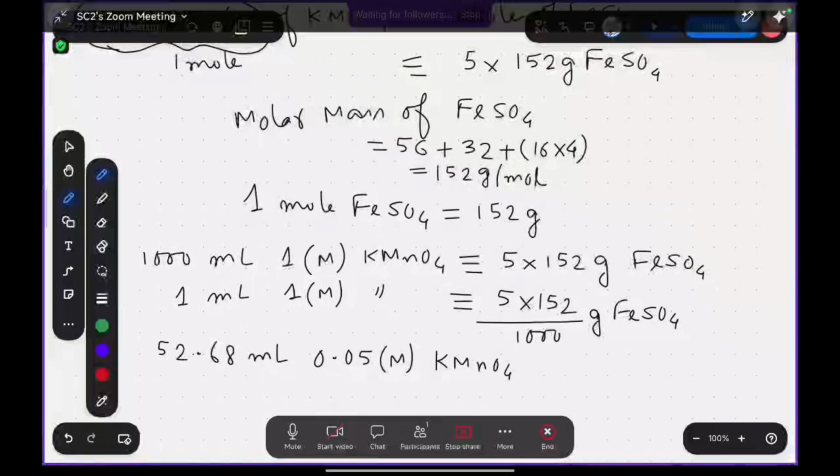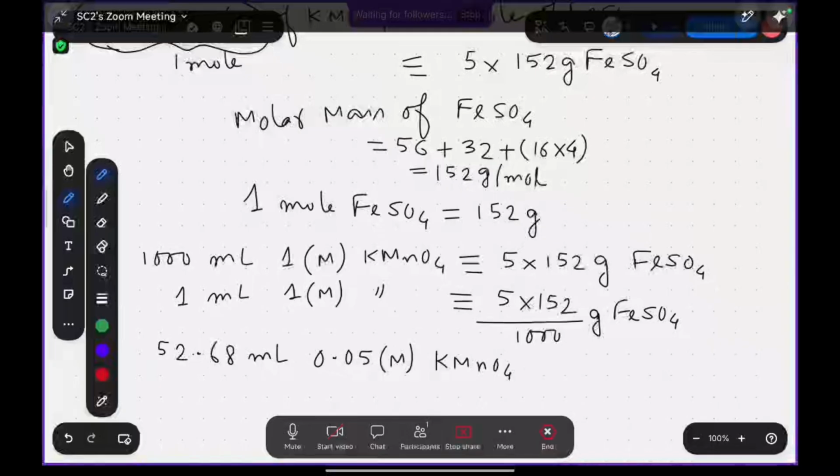That means if 1000 ml 1 molar KMnO4 oxidizes 5 into 152 gram of ferrous sulfate, then how much ferrous sulfate will be oxidized by 52.68 ml and 0.05 molar KMnO4?